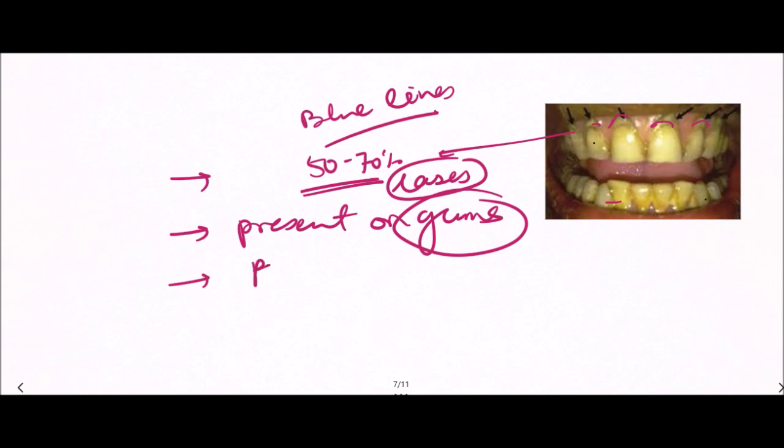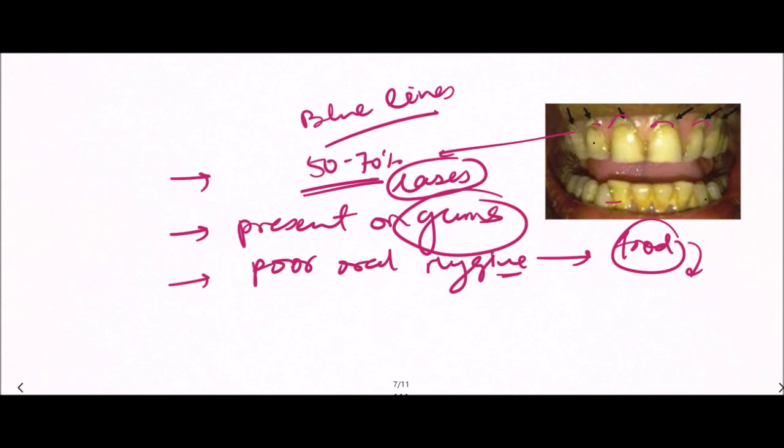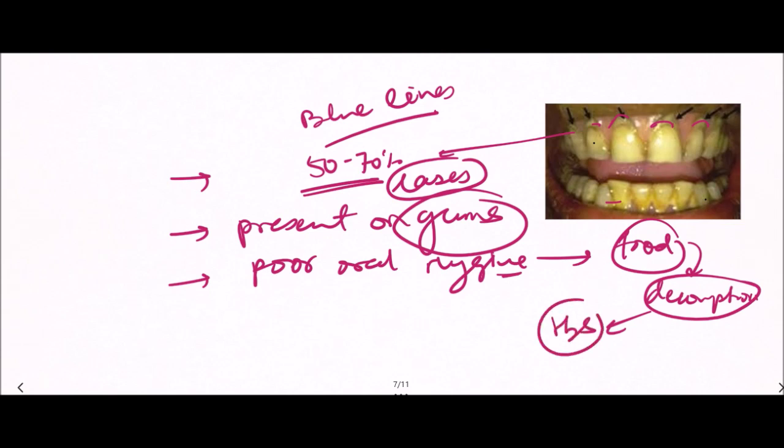Usually they are associated with poor oral hygiene. What happens in case of poor oral hygiene? Food particles stick to the gum and teeth. After decomposition, this food releases H2S gas. This H2S gas combines with lead and forms lead sulfide, which is black in color.